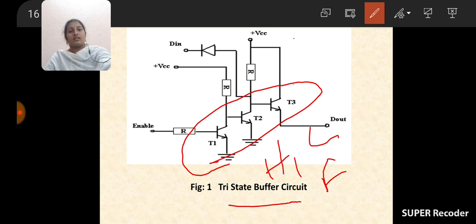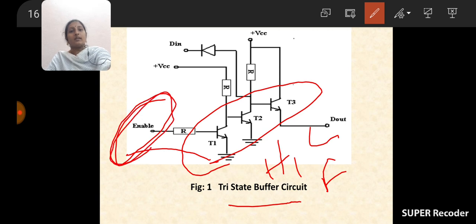3 transistors. So for the first transistor T1, the base of T1 is connected to one input. The name of this is enable. And emitters of T1 and T2 are connected to ground. Emitters of T1 and T2 are connected to ground. Base of T1 is connected to enable.